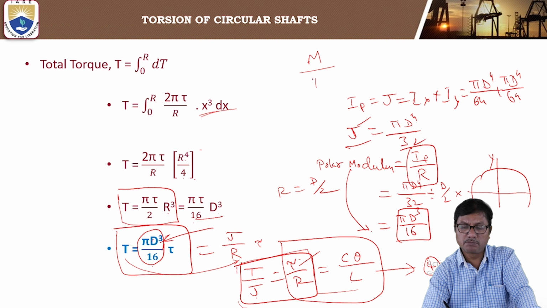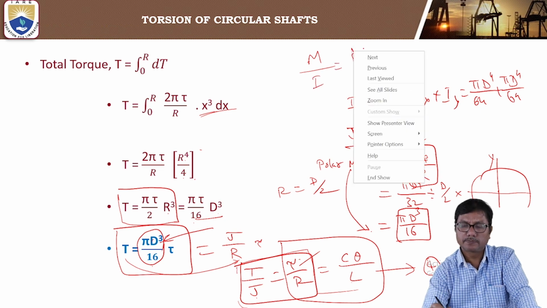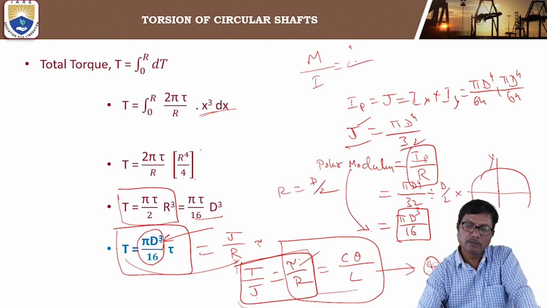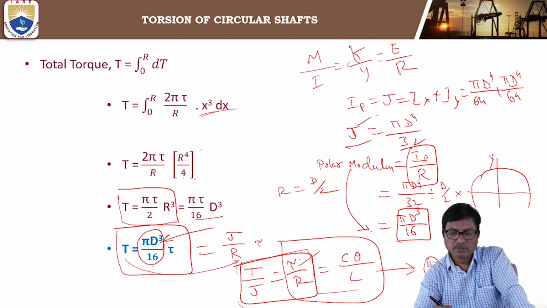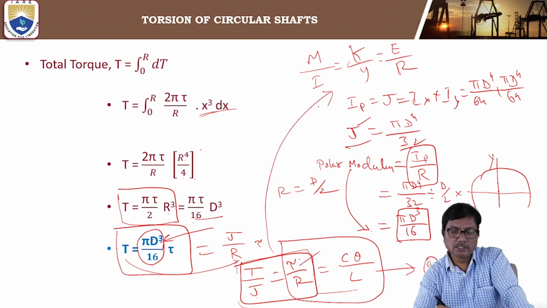We have discussed M by I is equal to f by y equal to E by R. Okay, this resembles bending equation. Torsion equation resembles bending equation.